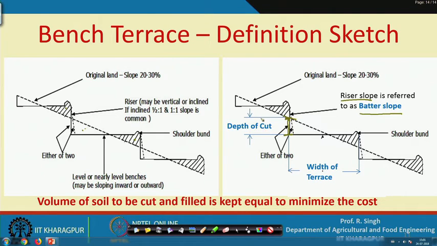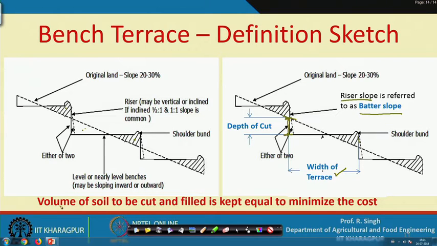This is referred to as depth of cut, and then the horizontal interval from the starting to the lower point is referred to as width of terrace. So, this is depth of cut, this is width of terrace, and of course, the shoulder bund design is very similar to bund, and this is the batter slope. These are some of the design parameters which we have to discuss.